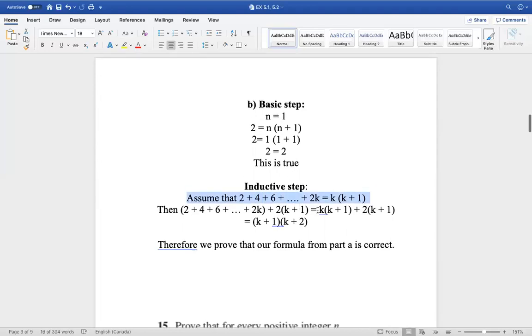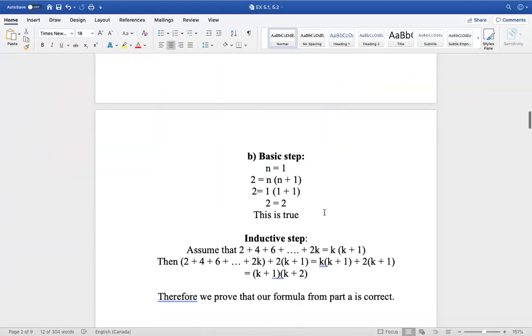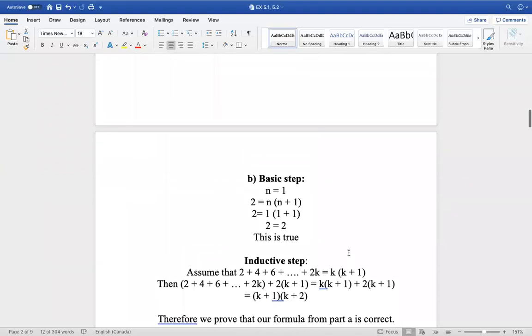We just replace n with k, right? Yes, but I think normally, in the lectures, what the professor did, he would also substitute k plus 1, so you get the right hand side, and from that right hand side, he would try to get it from the left hand side by adding k plus 1 from P(k).